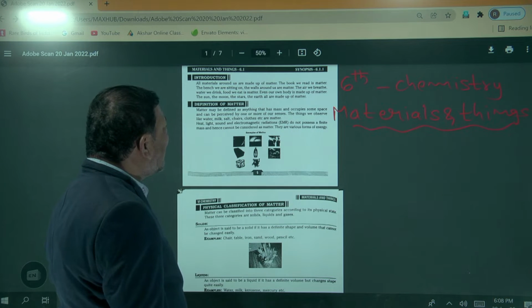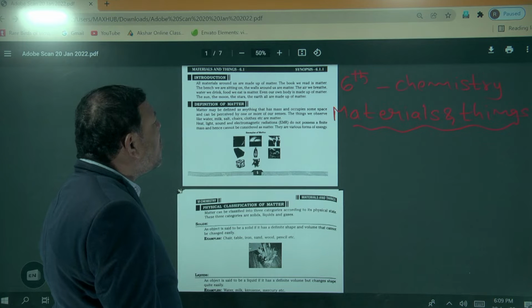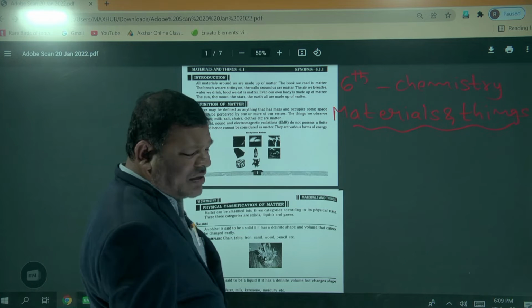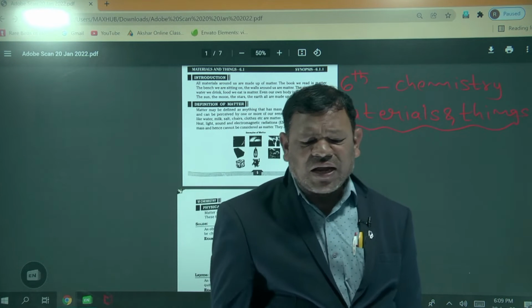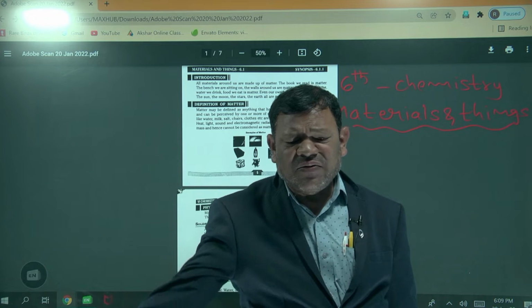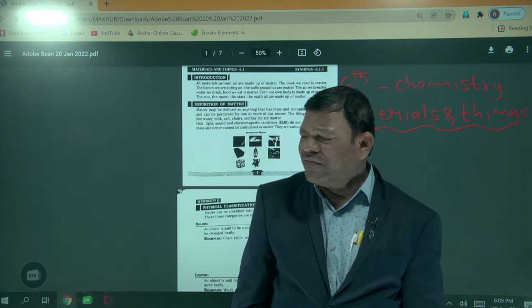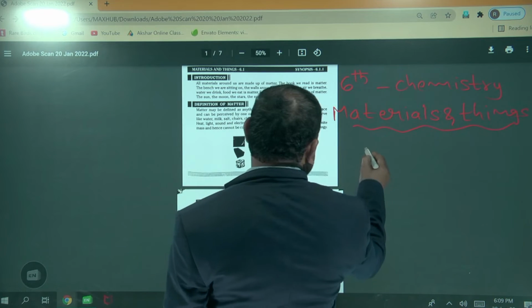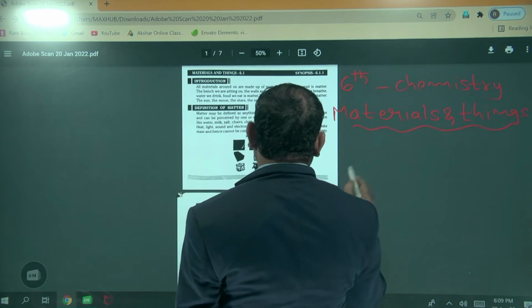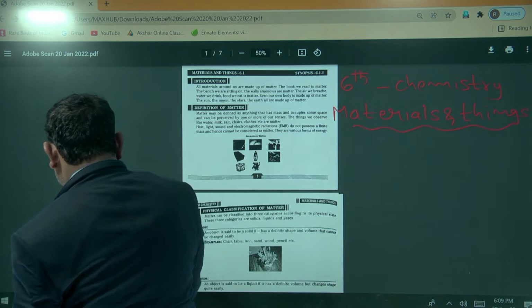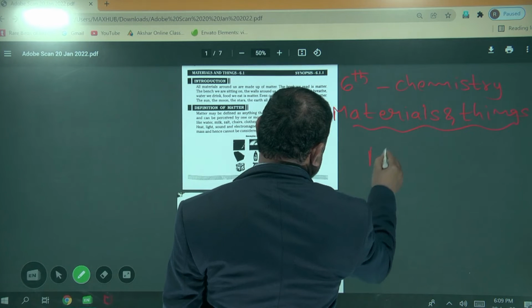What we eat, food is also matter. Even our whole body is made up of matter. So in our surroundings, wherever you go, everything is made up of matter.